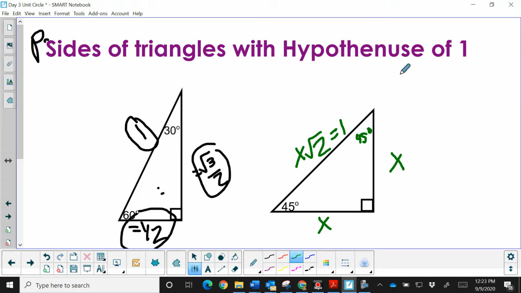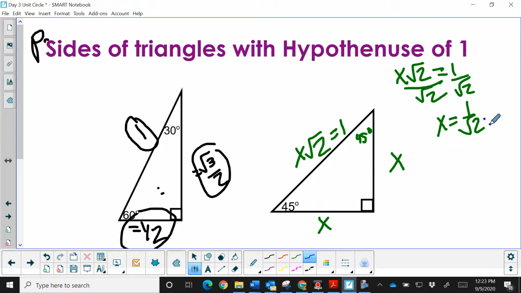Well, we take x square root 2, set it equal to 1, and then solve for x. So we're going to divide by the square root of 2. That means each of the legs is equal to 1 over the square root of 2. Well, we can't leave it like that because we're dividing by an irrational number. So we're going to multiply by a root 2 over root 2 just to clean it up a little bit.